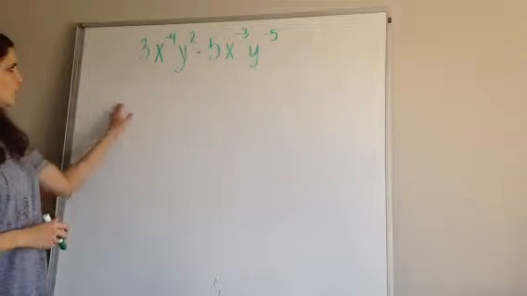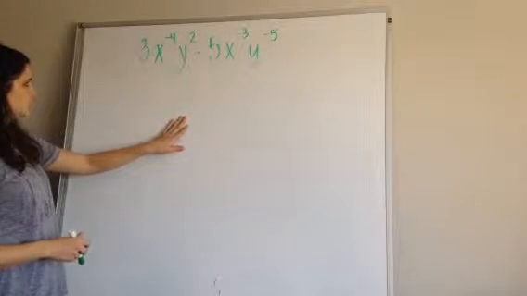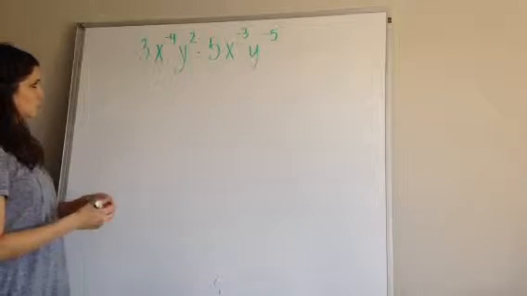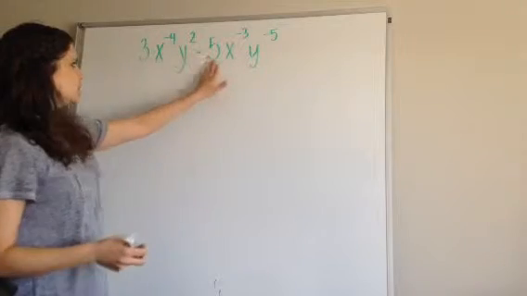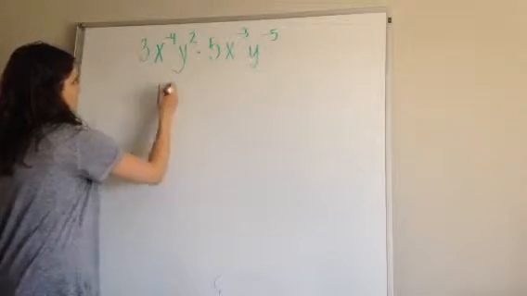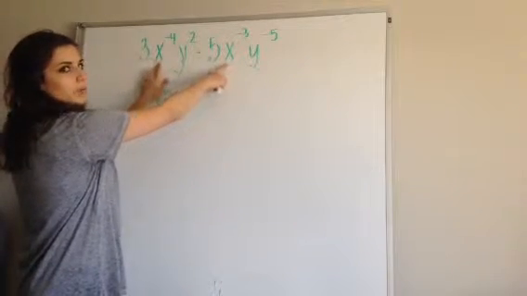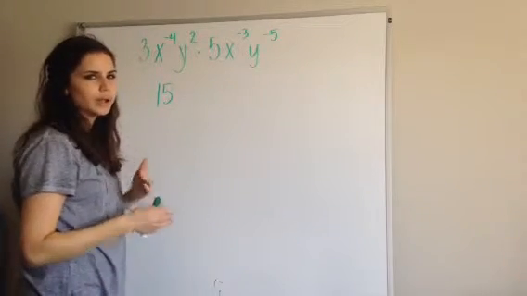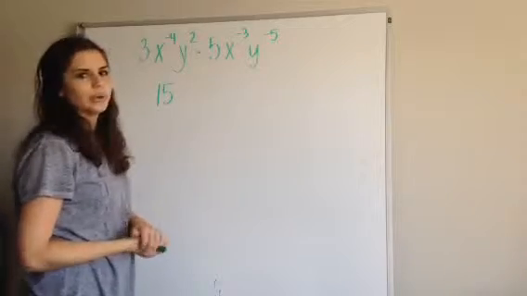Okay, so 3 times 5 is going to give us 15. And remember, when we're multiplying the same variable, think really fast, what do you do with the exponents? Do you add them or do you subtract them? You add them.